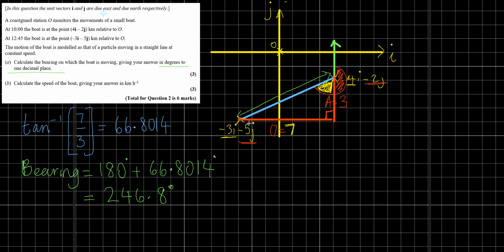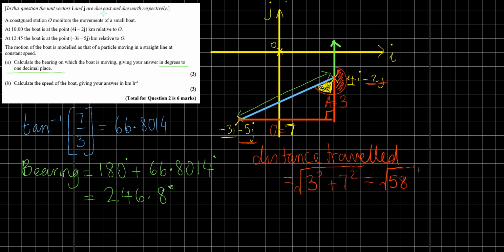We already know that our triangle is a 3, 7. So distance traveled is going to be 3 squared plus 7 squared, square root that. That gives us square root of 58.